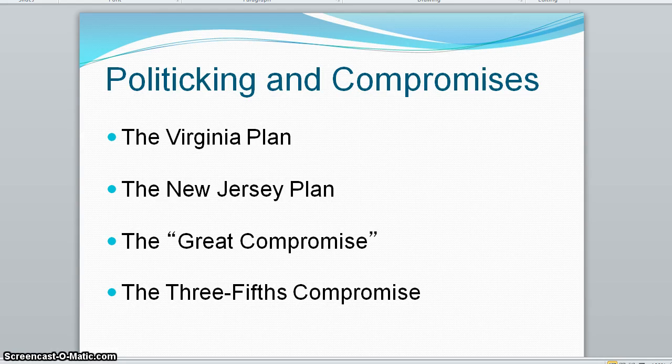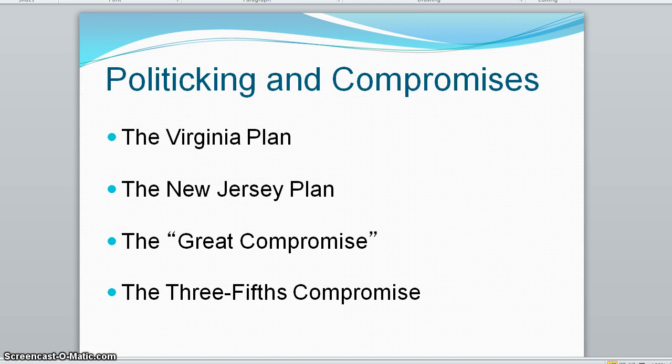That's the plan that broke the deadlock between large and small states, and that's a system that we see at work today, with the House of Representatives based on population, Senate based on equal representation for each state.